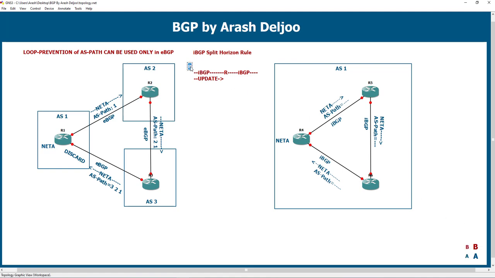R receives a BGP update from R1, its iBGP neighbor, and because R also has iBGP neighborship with R2, it shouldn't send this update to R2. If it did, this update might travel around and reach R again, and R couldn't understand that this packet originated from itself.